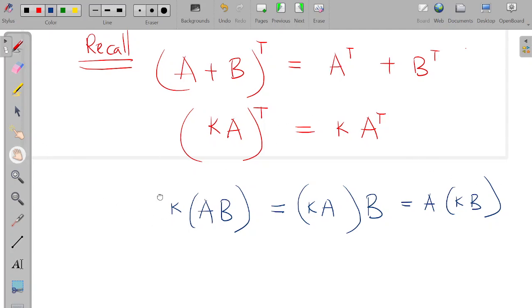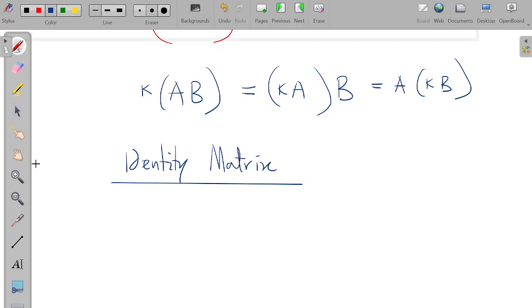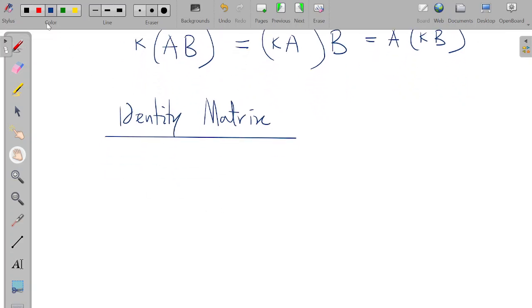All right. Now, in matrix multiplication, there's what we call the identity matrix. This identity matrix is a square matrix with only the main diagonal having an element of 1, or a value of 1.